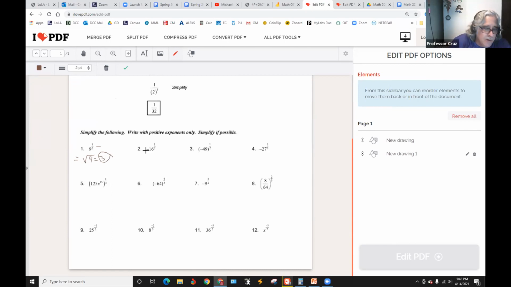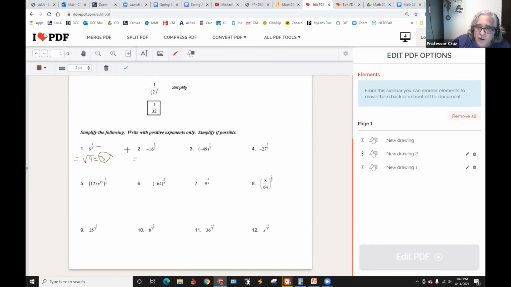If we wanted to include the negative sign, we have to do what's done here, which is use parentheses to mean that it's going to be more than just the number that's touching there. So the parentheses opening up gives us a negative 49 to the 1/2 power. So keep that in mind. Essentially what number 2 is saying is we're taking the negative square root of 16.